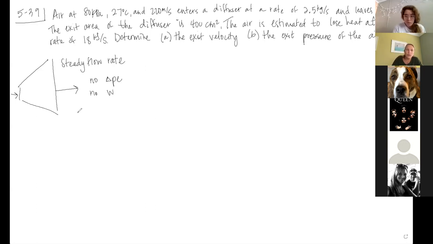So if this is point 1 and this is point 2, the velocity at point 2 is much smaller than the velocity at point 1. That's the purpose of a diffuser. So we know for sure there is a kinetic energy change, because for nozzles and diffusers, that is their function, to change the velocity of the fluid flowing through it.